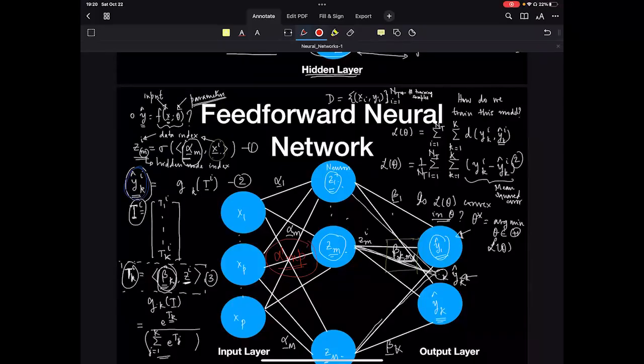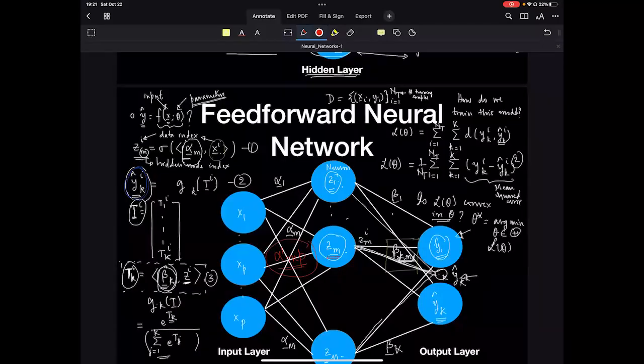So we have how many output nodes? We have capital K output nodes, right? And since we said that our network is fully connected, ZM is going to be connected to all of my output nodes. So with this, alpha MP is going to appear in how many of my output nodes? All output nodes. Exactly. So alpha MP is going to appear in all of my output nodes.